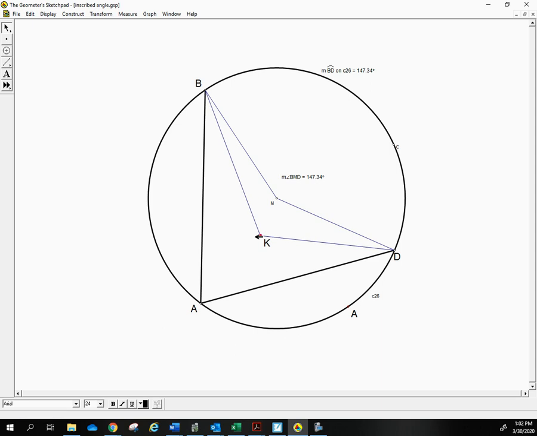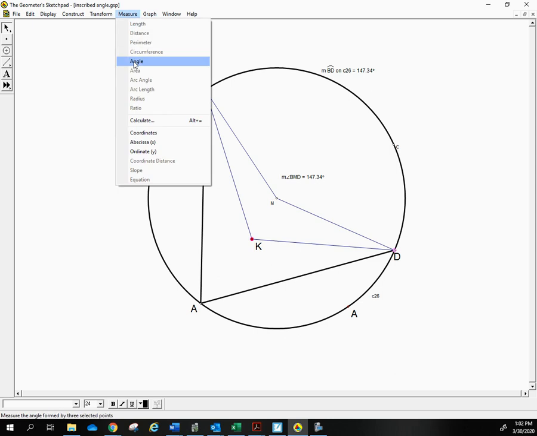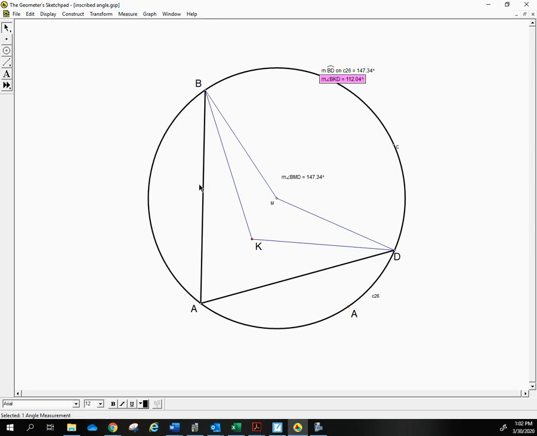If I was to measure this angle right here, is it going to be bigger or smaller than that central angle? If you had to guess, just look at it right now. To me, it does look like it is smaller.